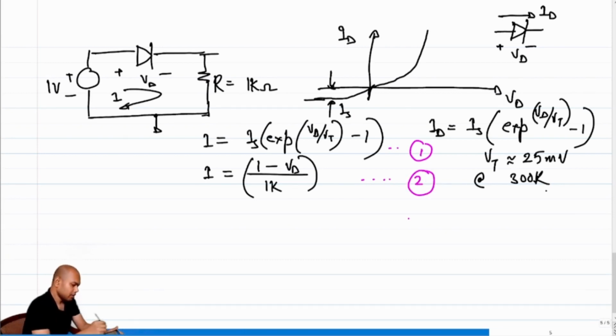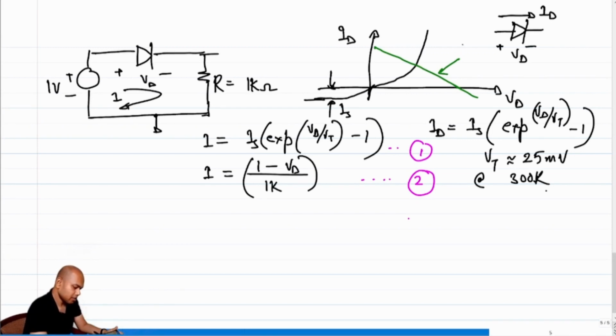Correct? You can solve them using numerical analysis, or you can say that I will sketch the Id Vd characteristics of the diode. I'll also sketch the current through the resistor. Let's say the current through the resistor goes like this, correct?